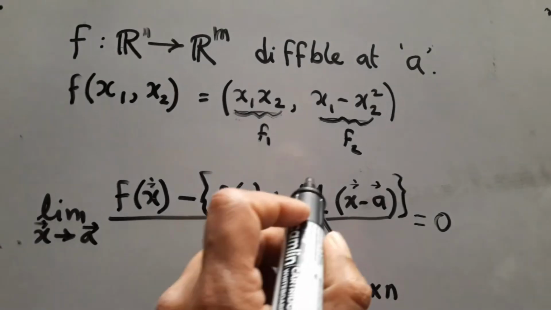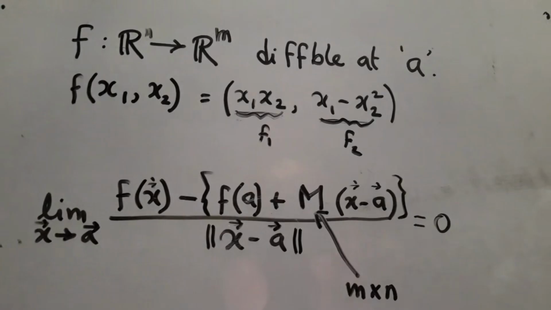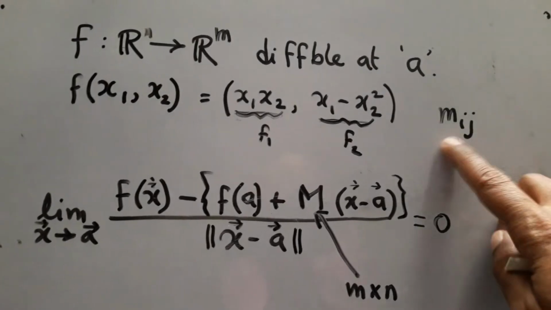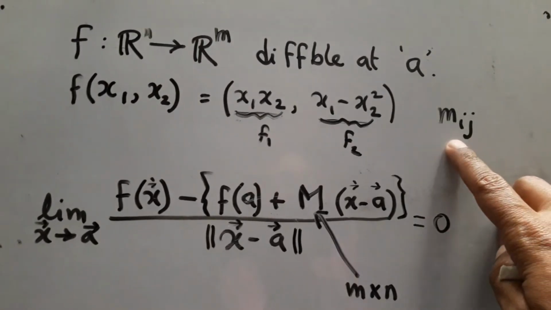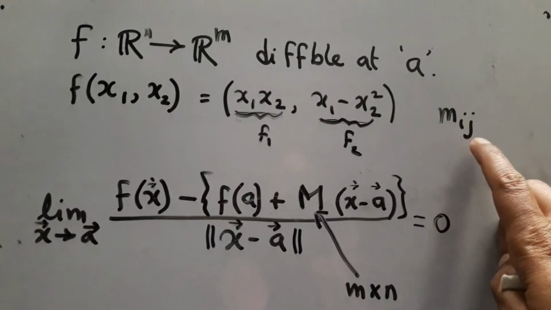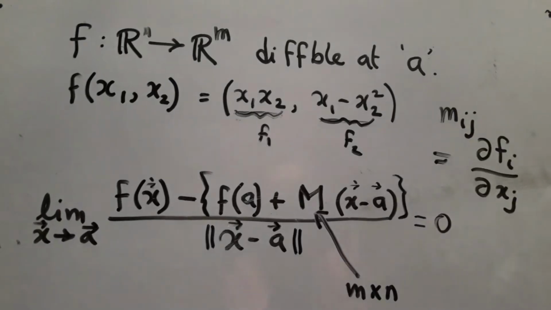Now I can write down this m like this. Mij, that is the entry of m, row i column j, is del fi del xj. So you are differentiating partially the ith component by the jth variable.